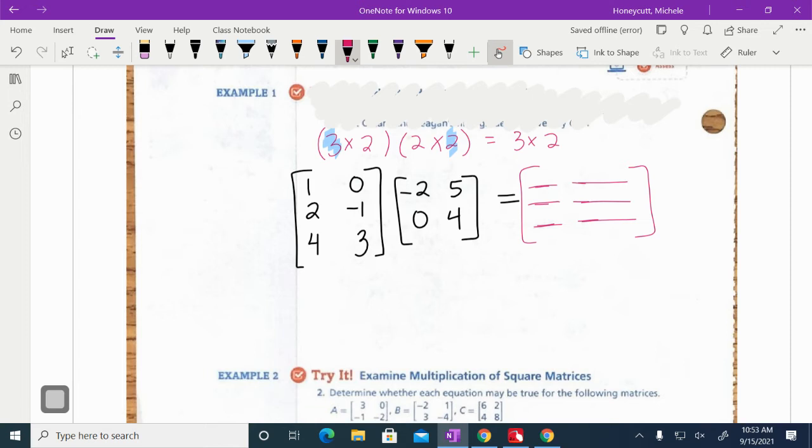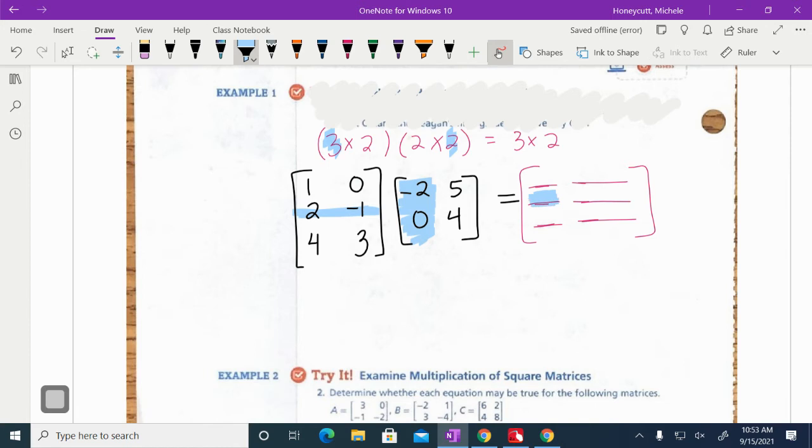Let's go out of order here. If I multiply row 2 times column 1, that's going to give me the element in row 2, column 1. That's going to give me this element right here.